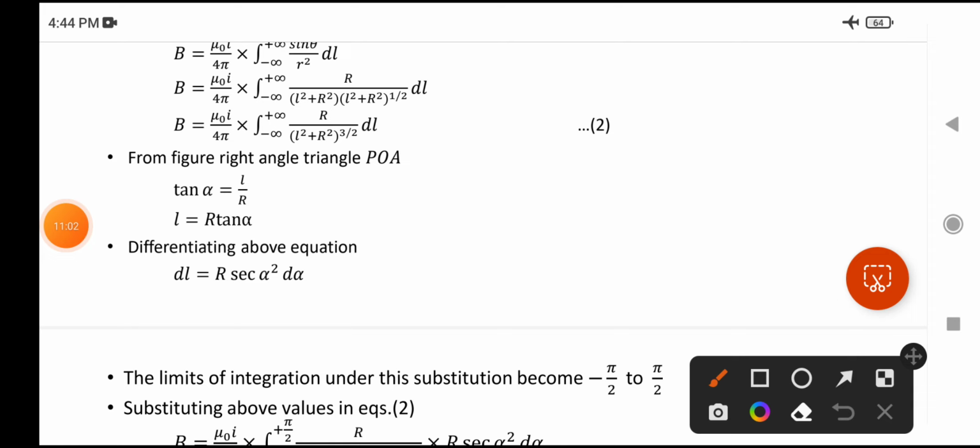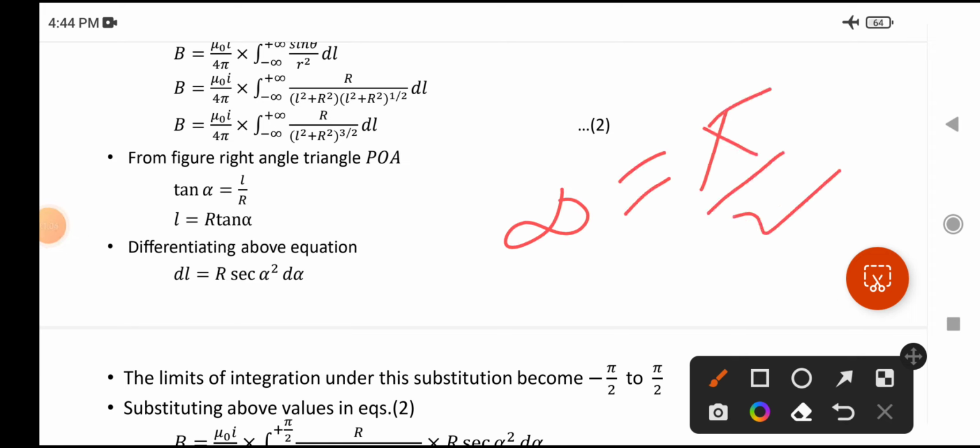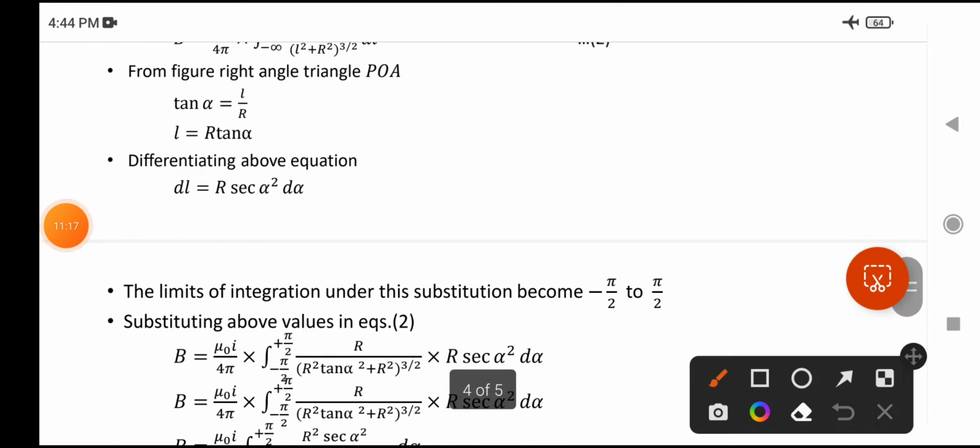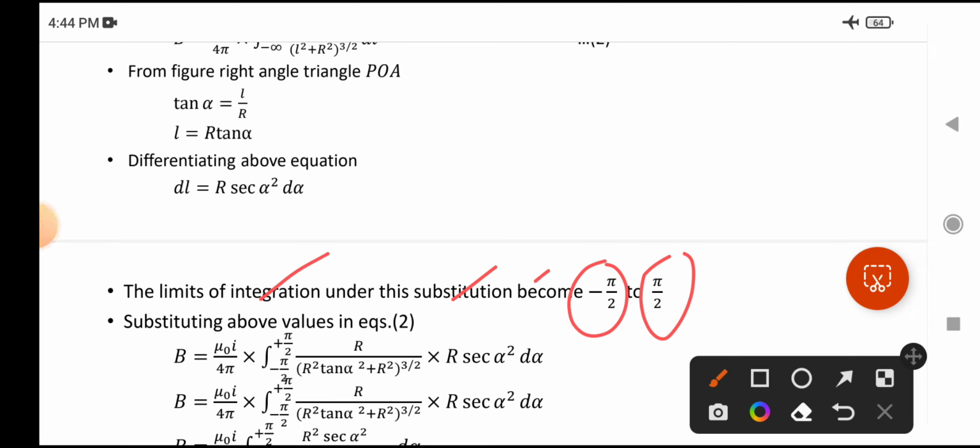In tan theta, we get infinity at 90 degrees. Positive infinity at positive 90, negative infinity at negative 90. So all those things are also written here. See, limits under this situation become minus pi by 2 to plus pi by 2, corresponding to minus infinity and plus infinity.